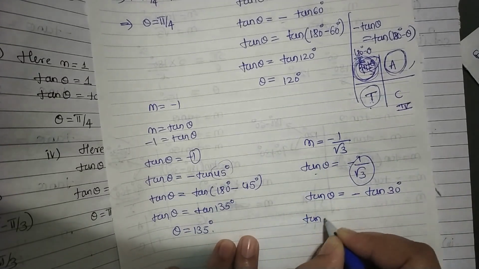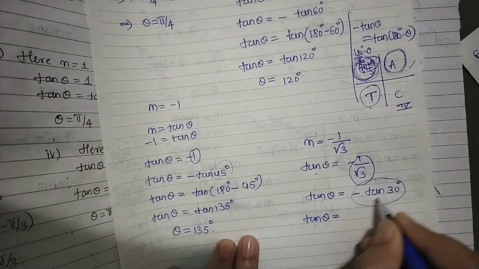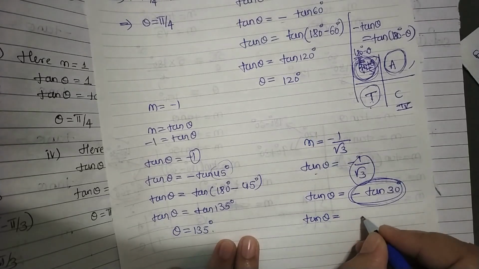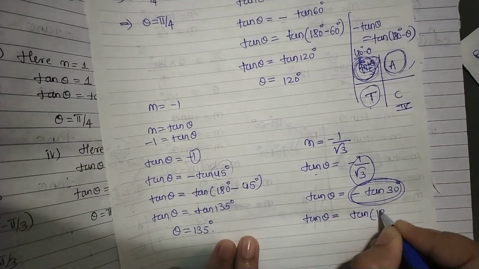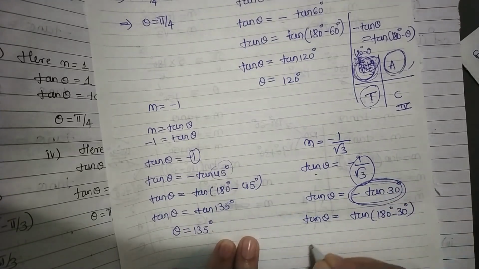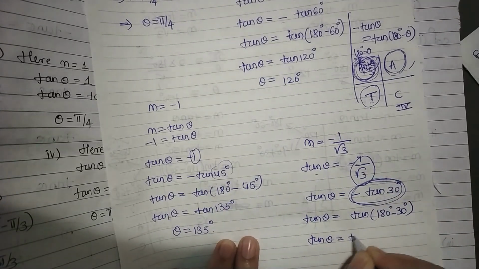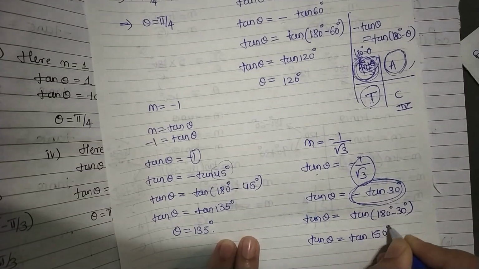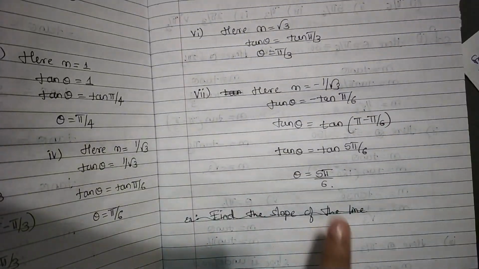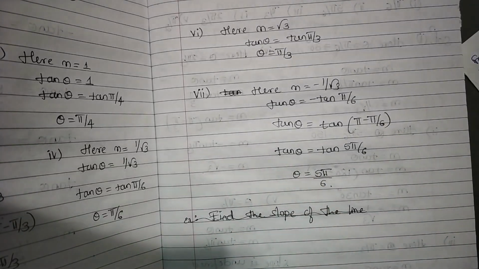Since tan is negative, in which quadrant is it negative? Second quadrant. That second quadrant angle is given by 180 minus 30. So tan theta is equal to tan of 150 degree. On equating we get 150 degree, which is 5 pi by 6.